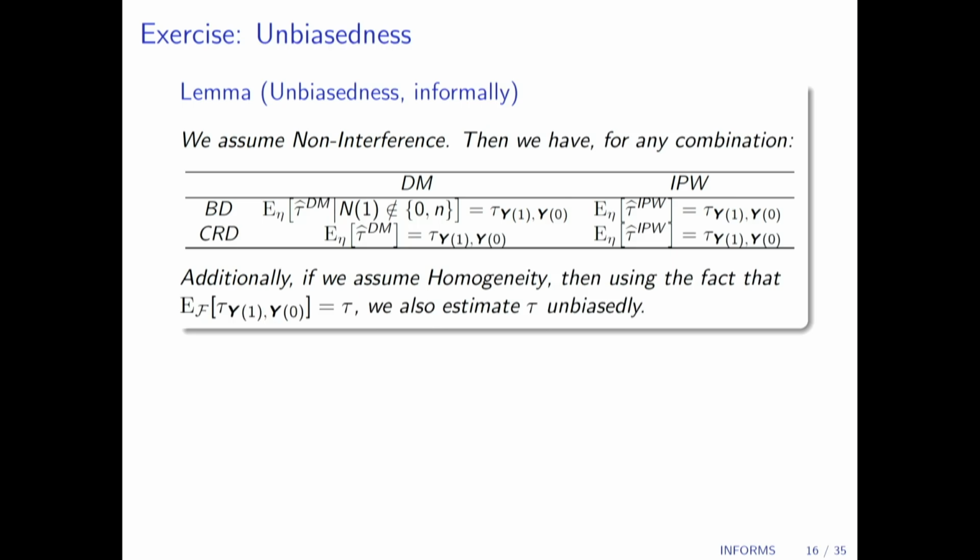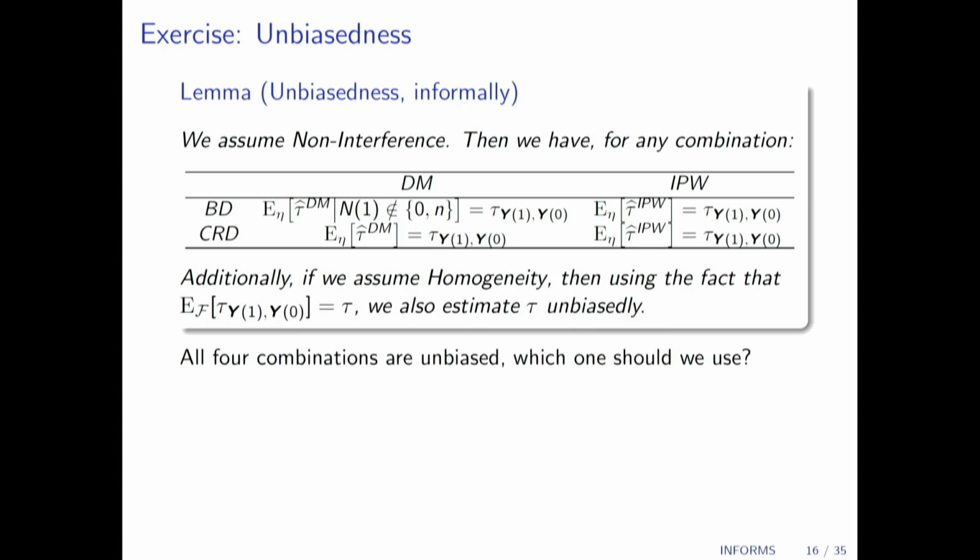If we further take the expectation over the data generating process, then the average treatment effect from the sample is equal to the average treatment effect of the population. So any combination of the 2 estimators and the 2 designs will lead you to an unbiased estimator of the 2 causal effects of interest.